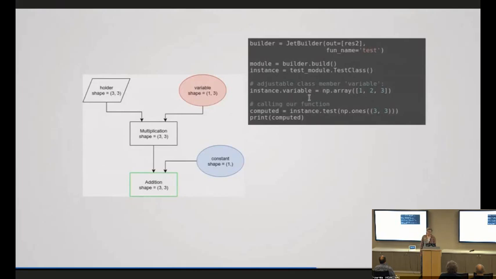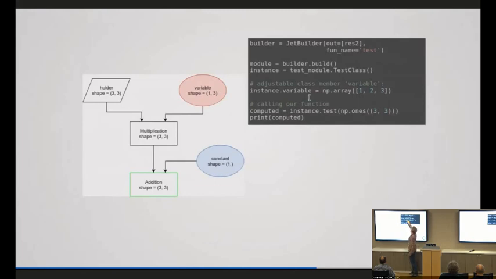Then when you want to evaluate, so when you want to create this function, you use the output that you got from this operation down here, and then use JetBuilder to compile to C++ and then into an object.